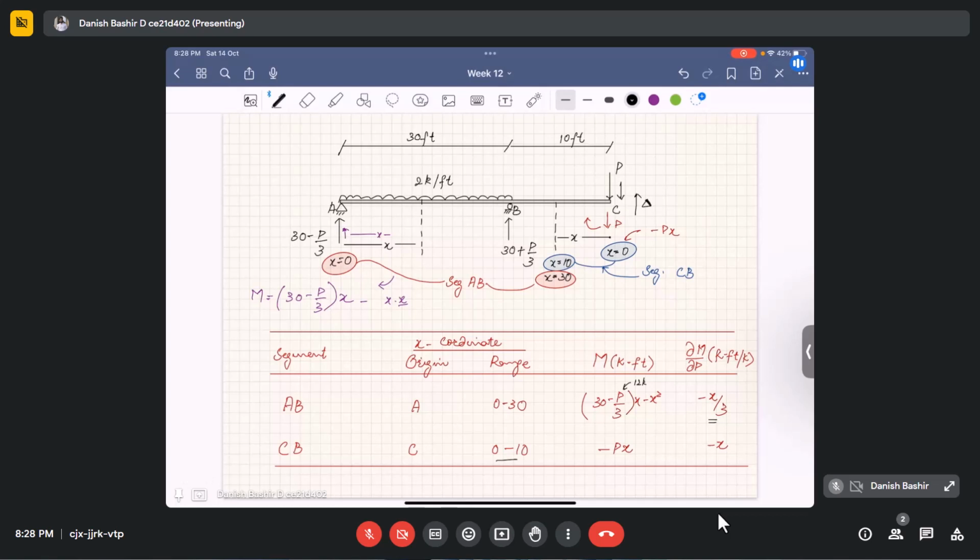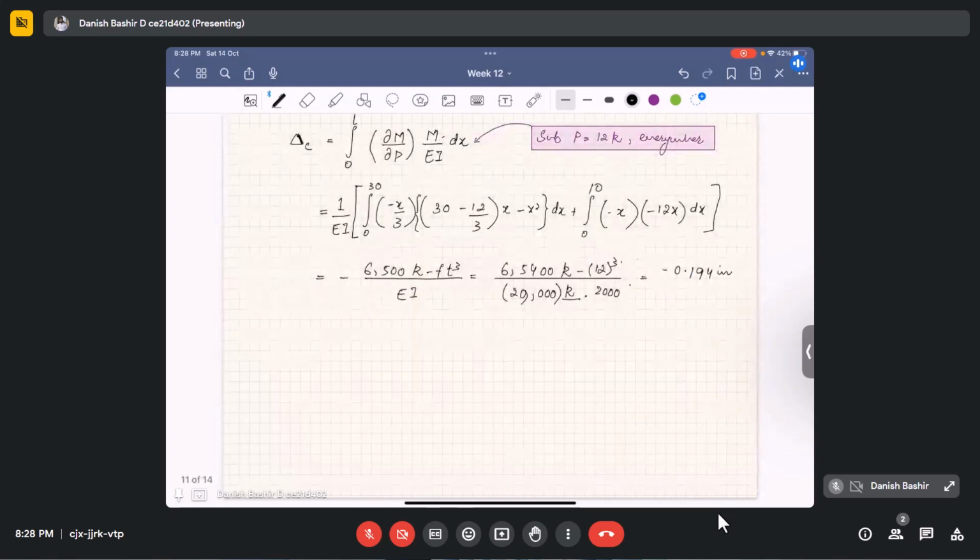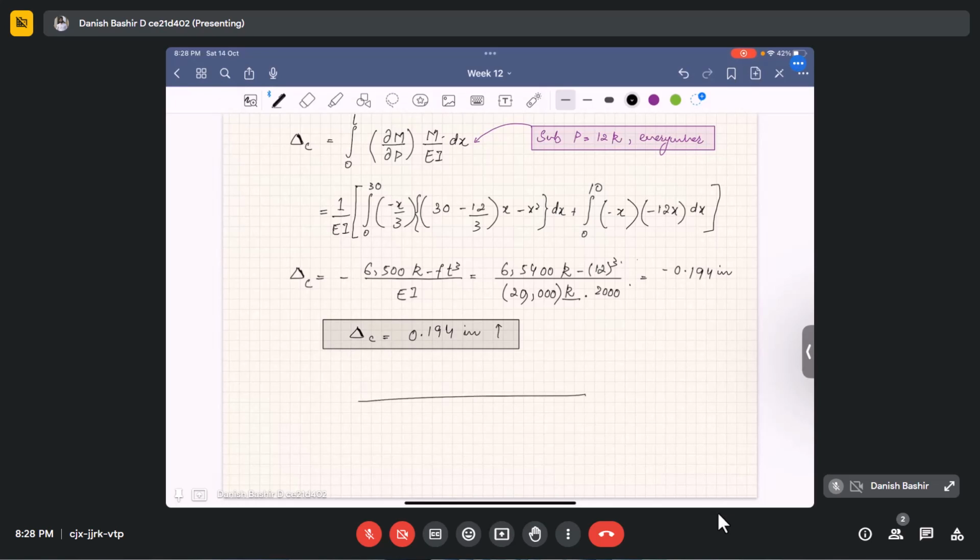Okay, so we will get delta C equal to 0.194 inch, and it will deflect upwards. This will be the deflection of our structure. It was like this initially.